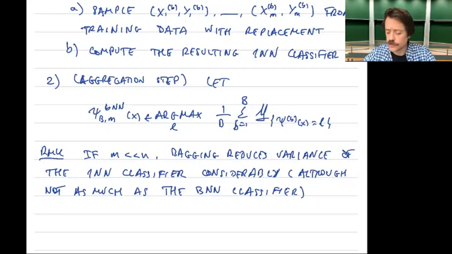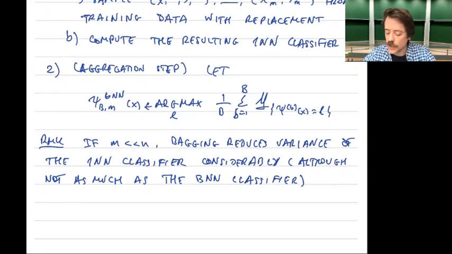Rather than looking at the majority voting of these one nearest neighbor classifiers, we could have looked at just the majority voting among the capital B nearest neighbors. And that actually decreases the variance more, but we still need to think about the bias, right?